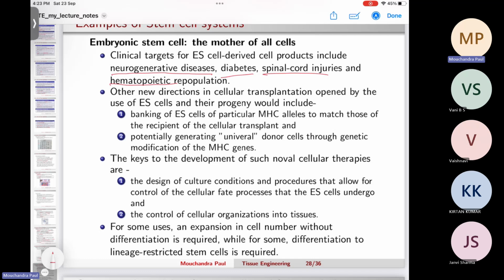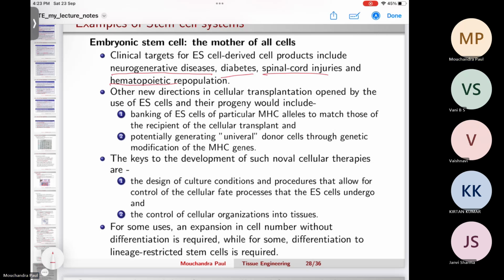The use of these embryonic stem cells and their progeny cells has opened up a new cell source, which is very, very good for making new artificial tissues.